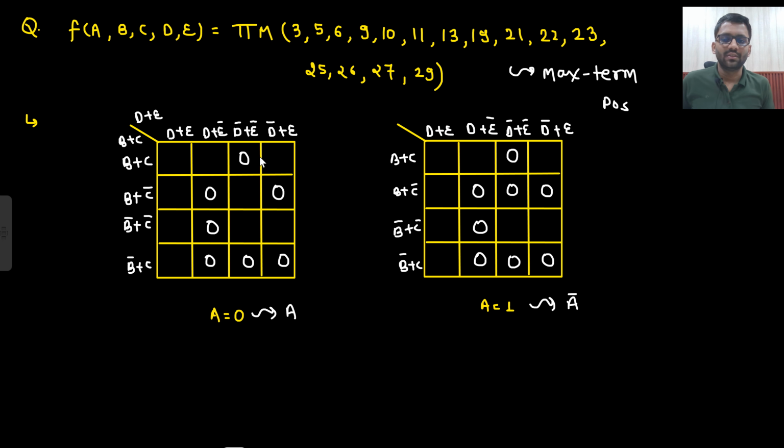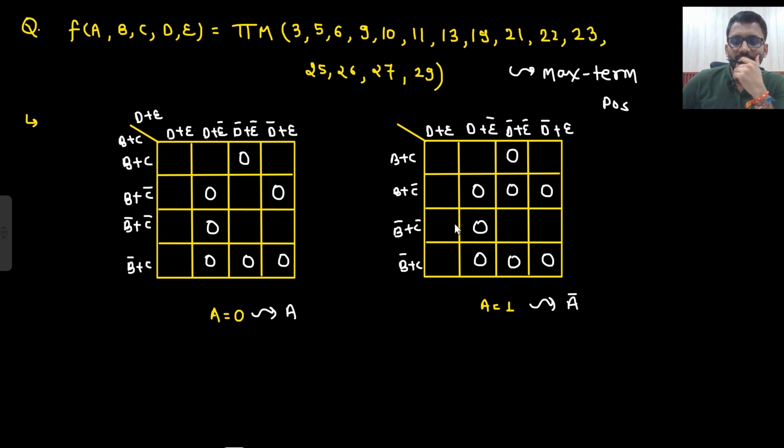Let's check back again. 0, 1, 2, 3, 4, 5, 6, 7, 8, 9, 10, 11, 12, 13, 14, 15, 16, 17, 18, 19, 20, 21, 22, 23, 24, 25, 26, 27, 28, 29. There you go. Okay.